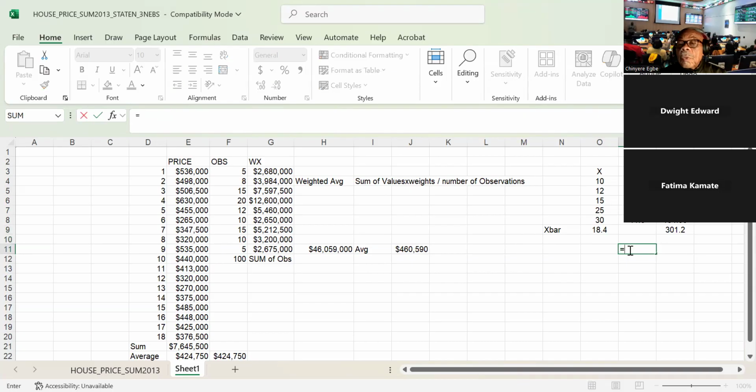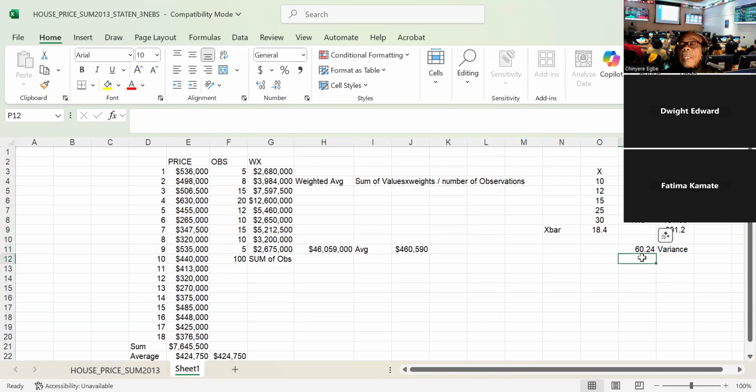Equals the sum over 5. The sum of the squared values divided by the number of observations is the variance.